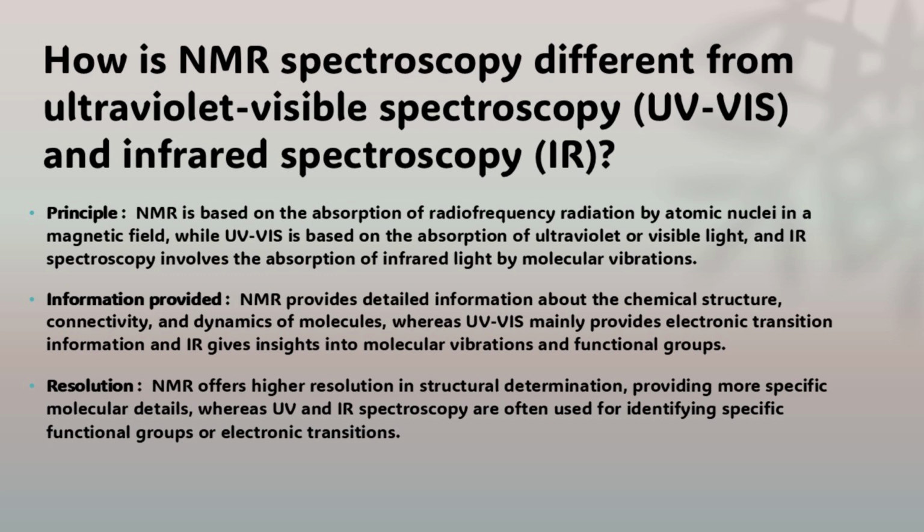The third difference is with respect to the resolution. NMR spectroscopy offers higher resolution in structural determination, providing more specific molecular details, whereas ultraviolet and infrared spectroscopy are often used for identifying the presence of unsaturation and specific functional groups or electronic transitions.